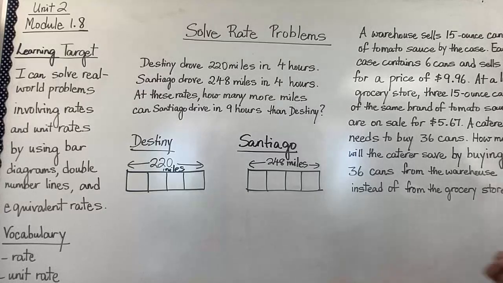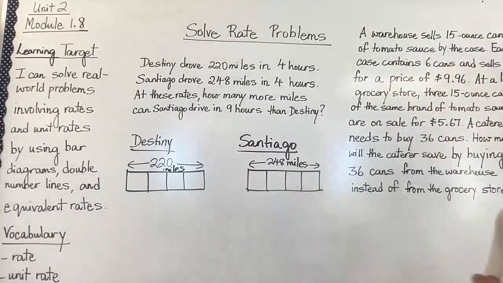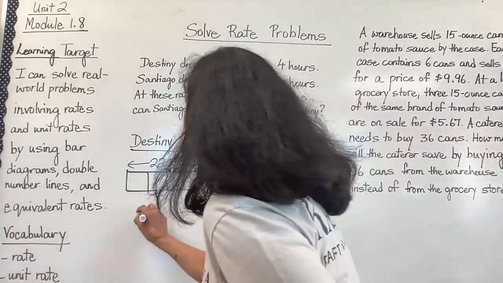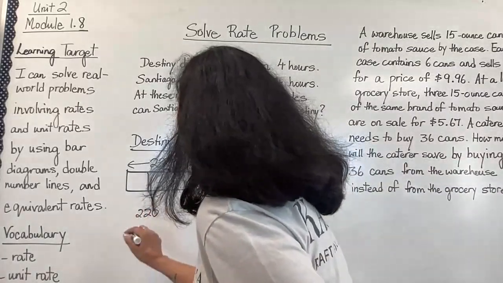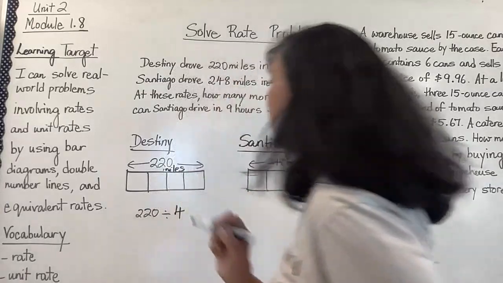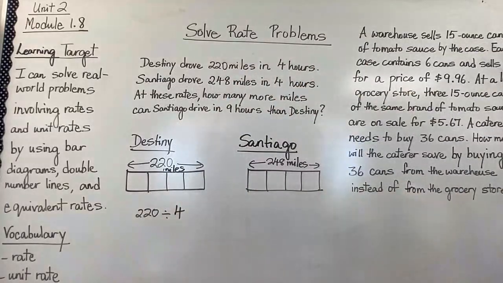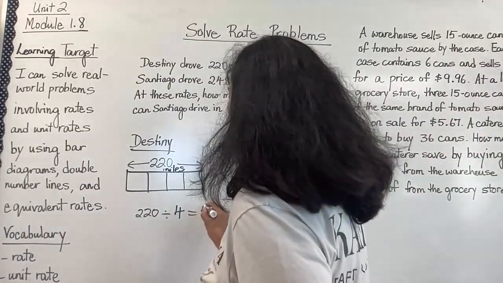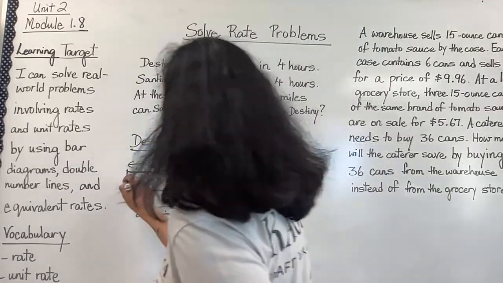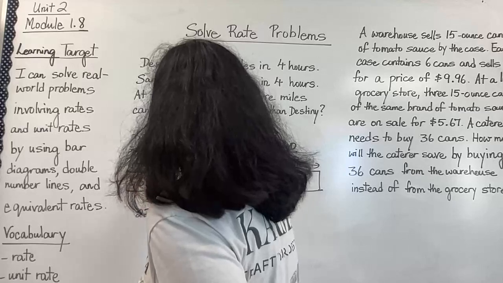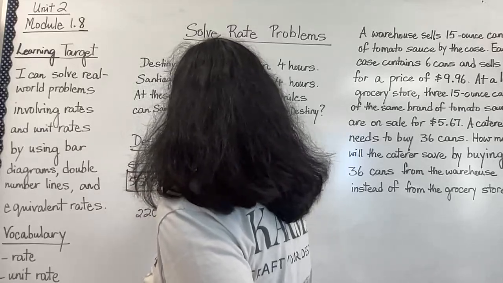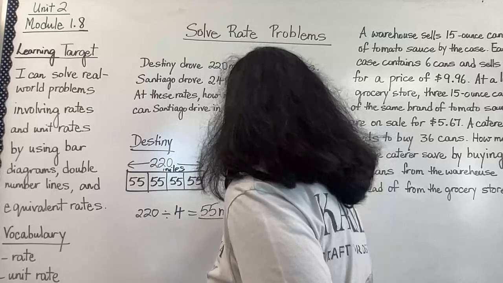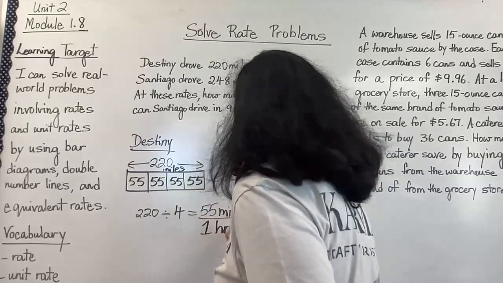So if I divide 220 by 4, that's what this is, okay, 220, and I am dividing this by 4 to get per hour over there. I'm going to get 220 divided by 4 gives me 55, okay? So each of these is 55 miles per hour, okay, 55 miles in 1 hour, okay?